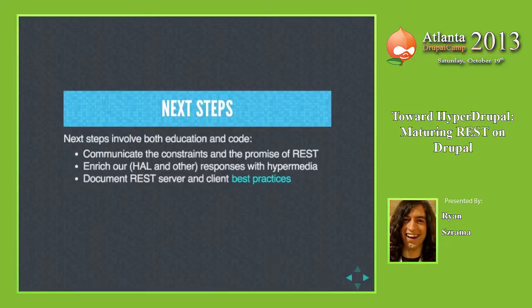This is a link to probably the best summary of best practices I've seen so far from a company called Apigee. It's A-P-I-G-E-E. And they have an ebook on their website that you get in exchange for your email address that actually walks through all of their best practices for API design and media type design and all this stuff.